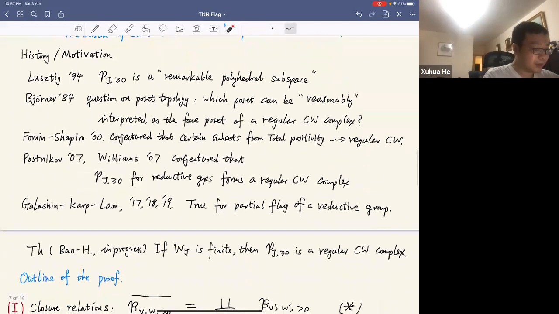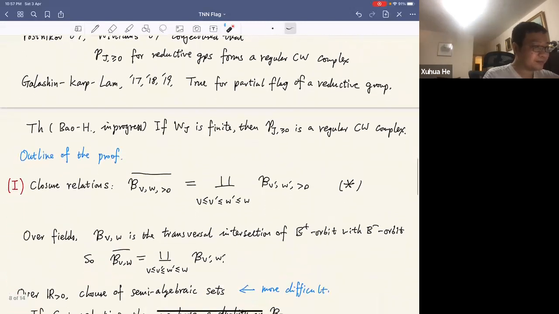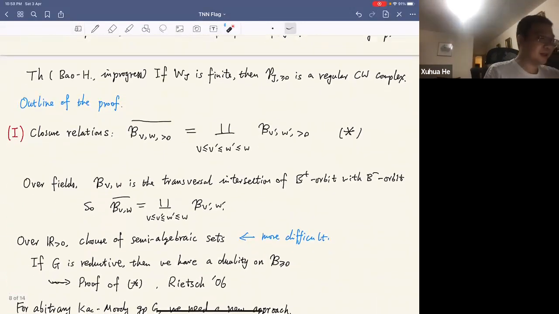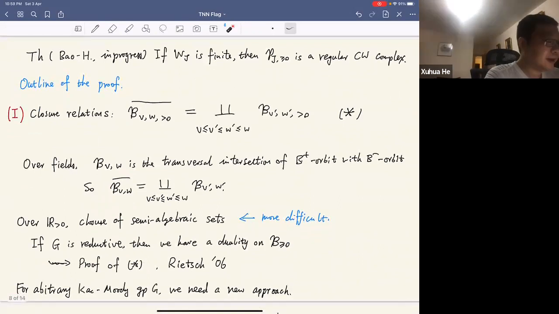In a work in progress with Huanchen Bao, we are going to extend this result of Galashin, Karp, Lam to the Kac-Moody groups. But here there are some technical issues, and we need to make the assumption that W_J is finite.